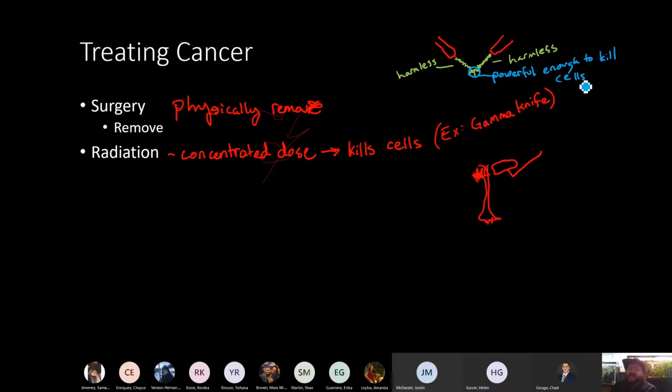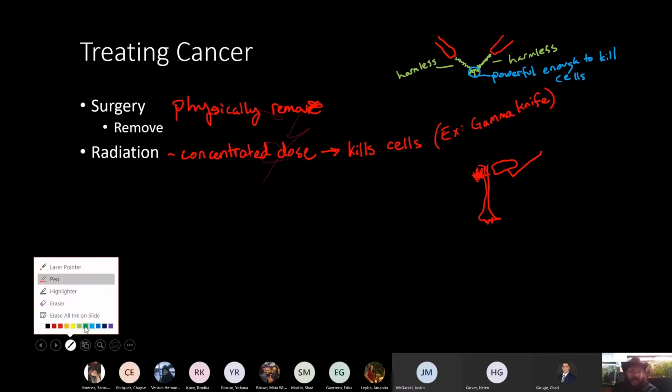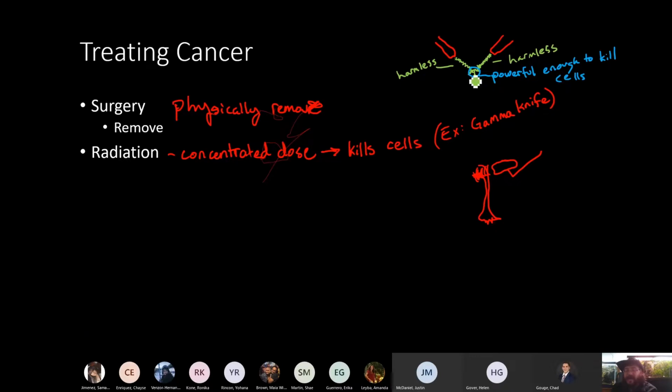So they call it a gamma knife because they can focus it around to different depths and really just try and pinpoint damage the tumor cells themselves. So it's actually pretty cool how that works, that you have this cool instrument that does pinpoint damage via radiation.